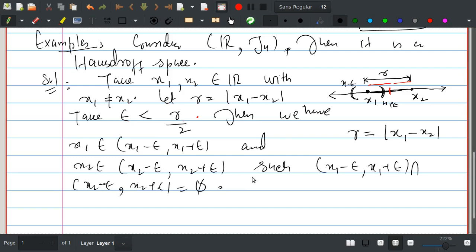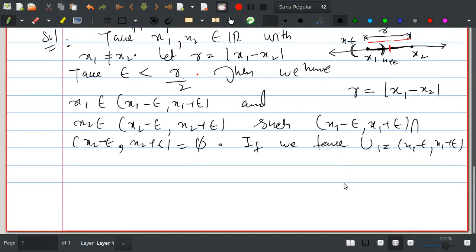So if we take u1 to be x1 minus epsilon and x1 plus epsilon, and u2 to be x2 minus epsilon and x2 plus epsilon, then we have proved that these two real numbers x1 and x2 can be separated by two disjoint neighborhoods.